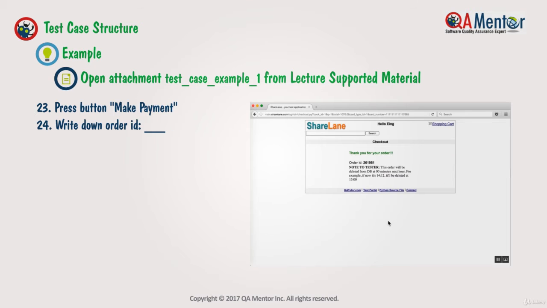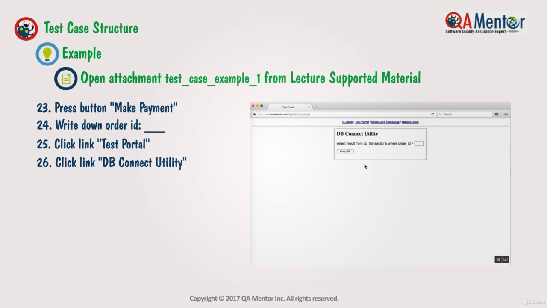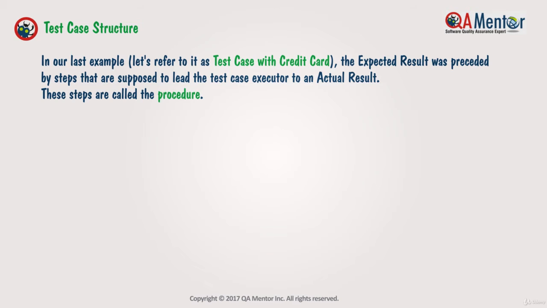Write down Order ID. Click link Test Portal. Click link DB Connect Utility. Make database query. Select results from CC transactions where ID equals order ID. Expected result is 10. In our last example, let's refer to it as test case with credit card.